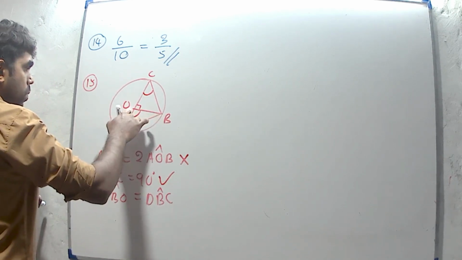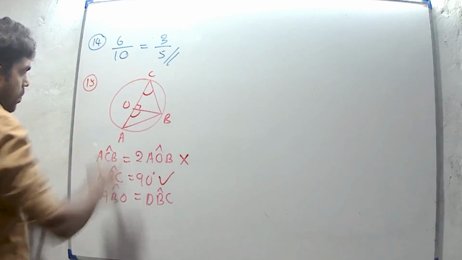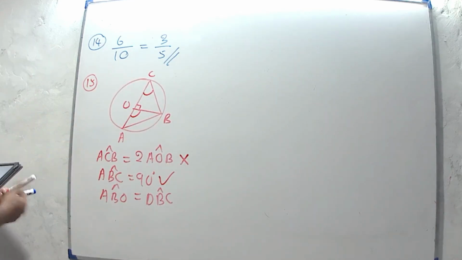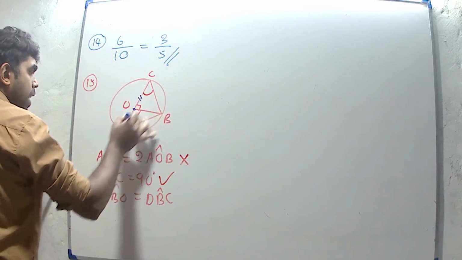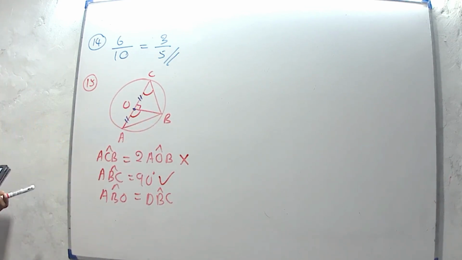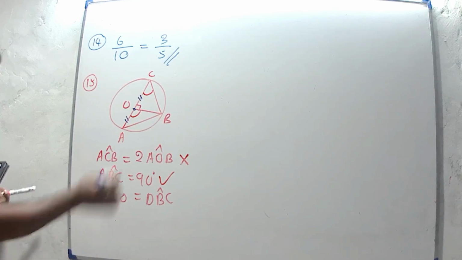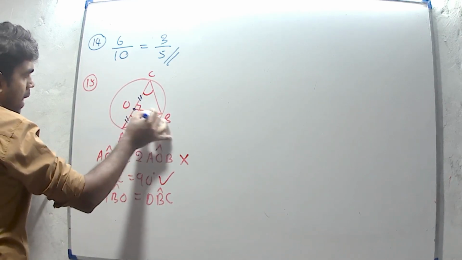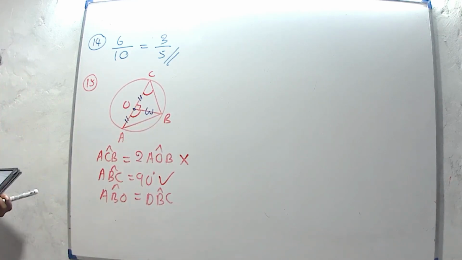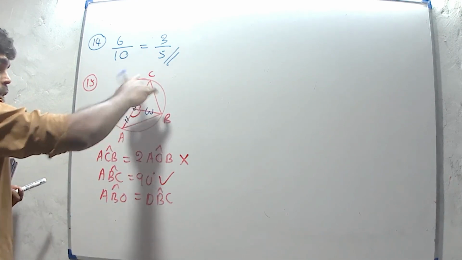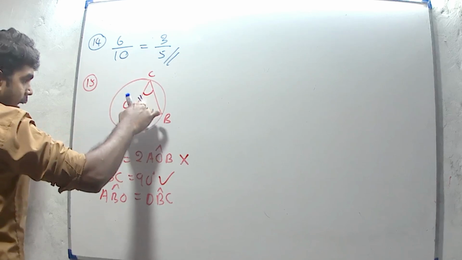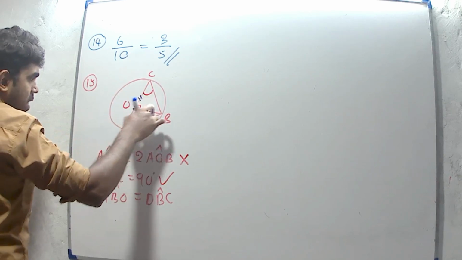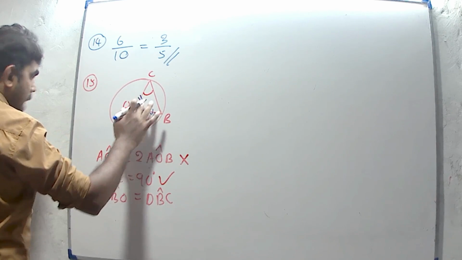Then the third statement, ABO angle equals OBC angle. We know that O is the midpoint of the chord. Then this side equals this one. And the OB side is the common side for both triangles. Then we can consider side, angle, side. This angle is 90.